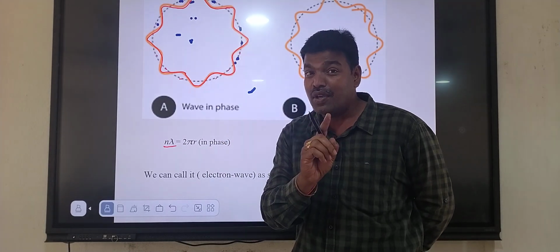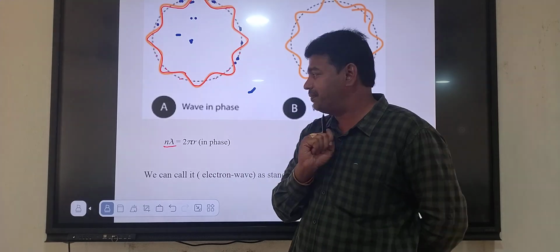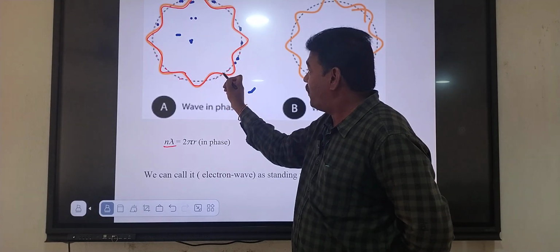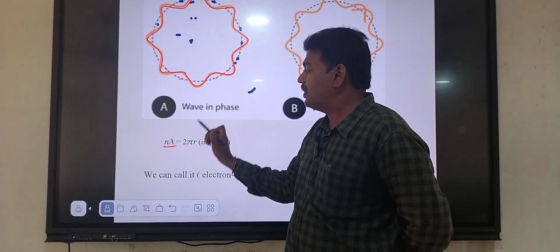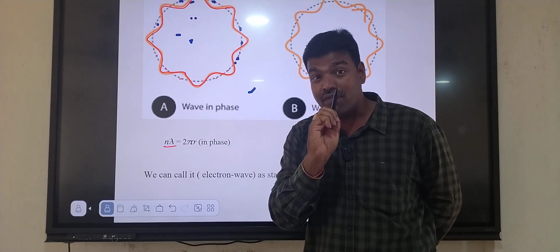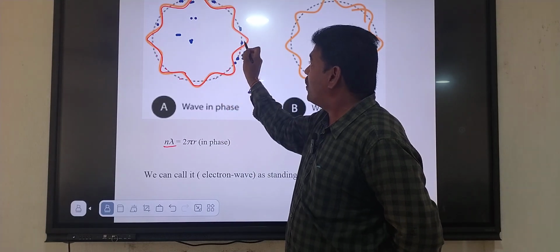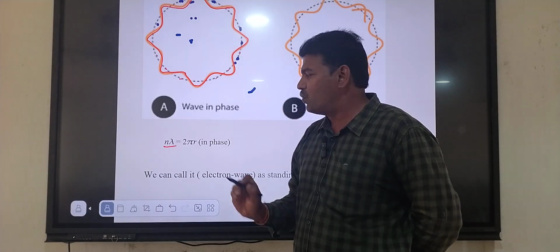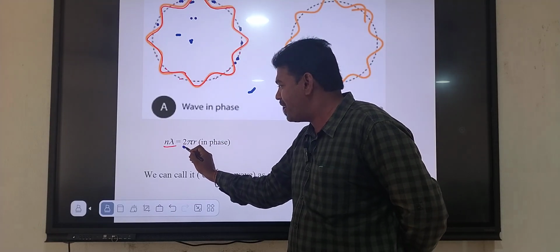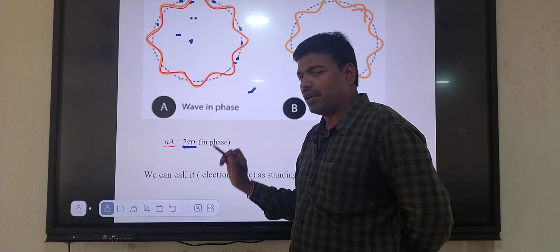I repeat, the wavelength of this electron wave should be equal to the circumference of this circular orbit, which is given by n lambda equals 2 pi r.